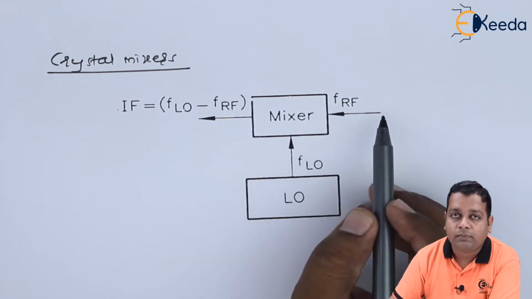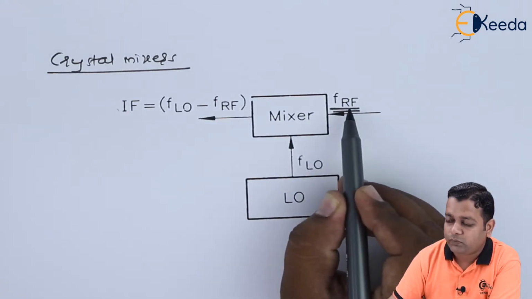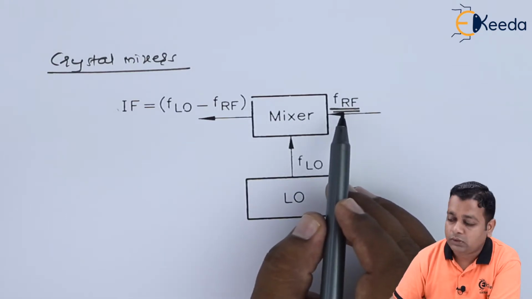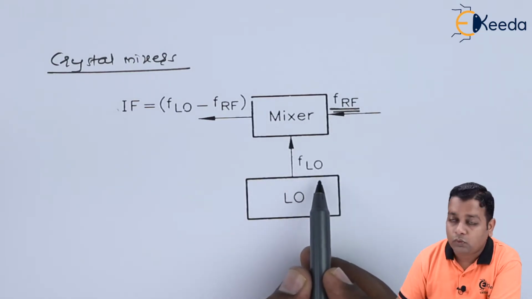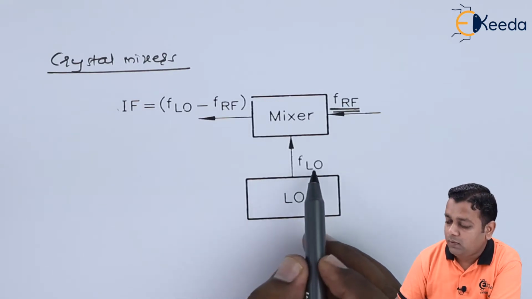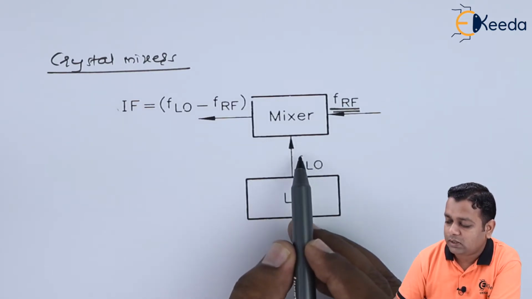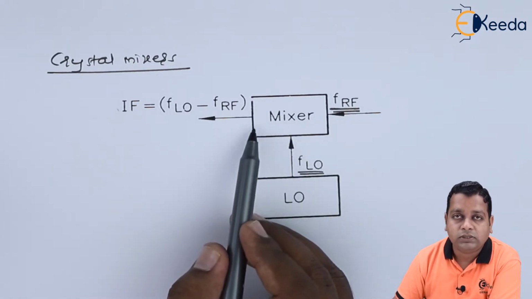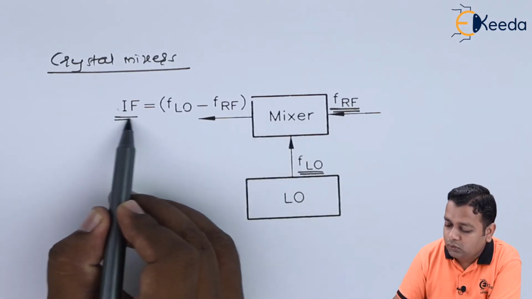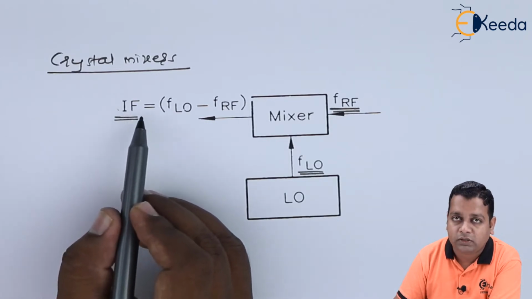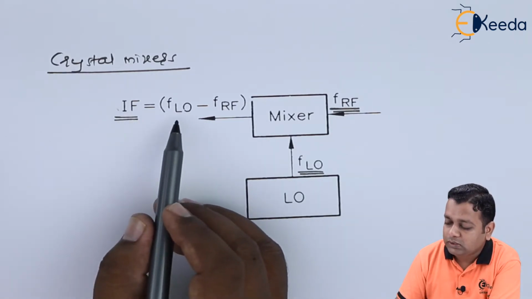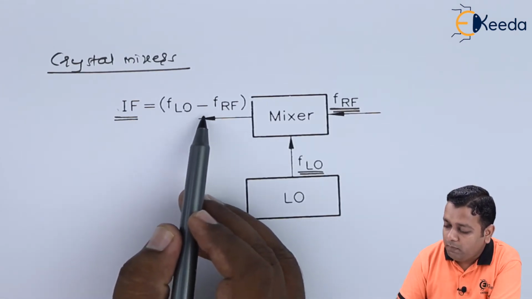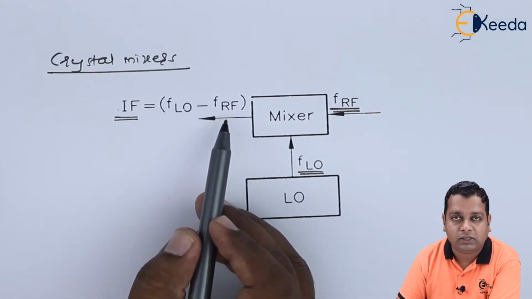From the RF amplifier, whatever signal we obtain, the frequency represented as F suffix RF is the one input, and F suffix LO from the local oscillator, the known value of frequency, is the second input here. Now the work of the mixer is to produce the IF, intermediate frequency. So it is the difference of the two: the known local oscillator frequency minus the RF frequency.